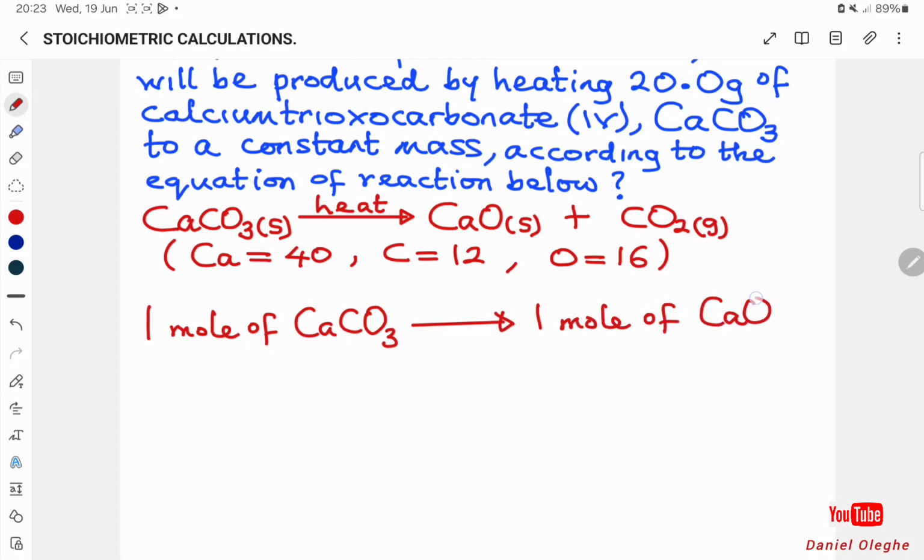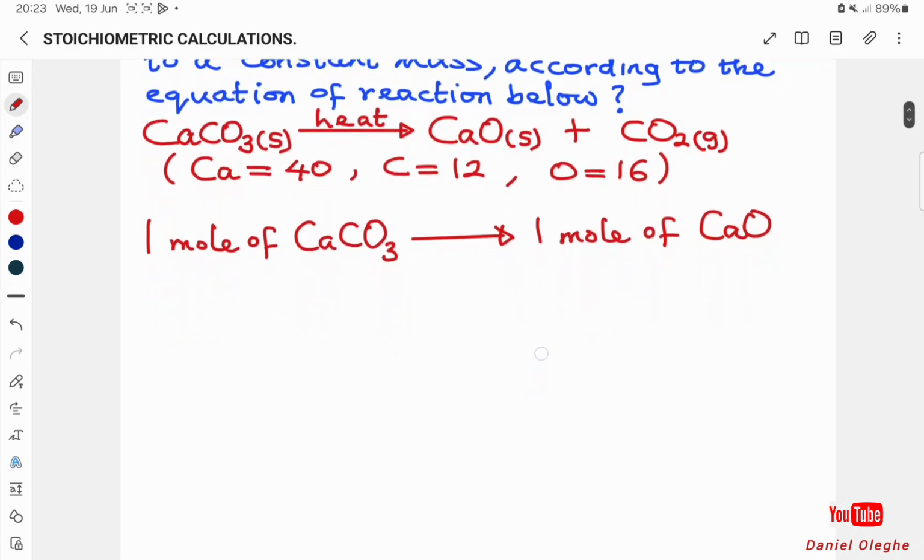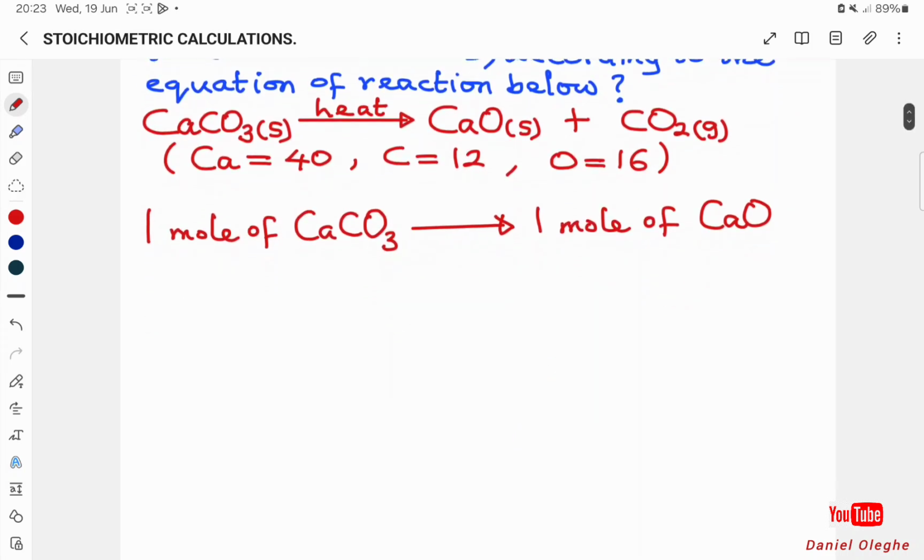You start from the equation. In the balanced equation, the numerical coefficient represents the mole of the substances. So you have 1 mole of calcium carbonate heated to produce 1 mole of calcium oxide. So you start from there.